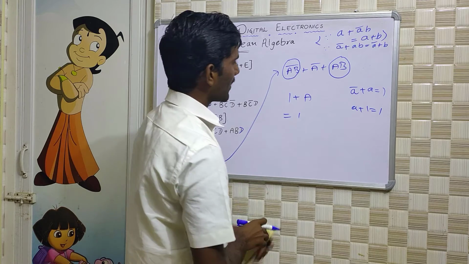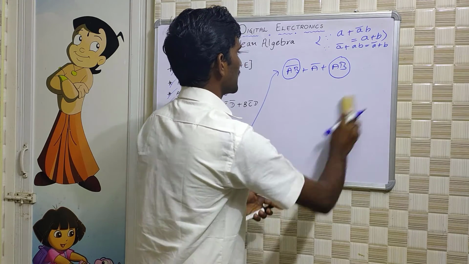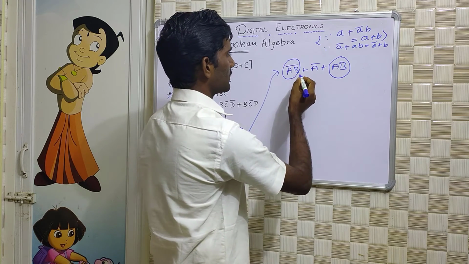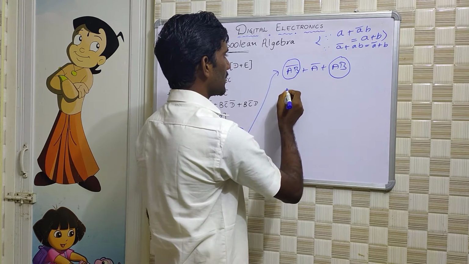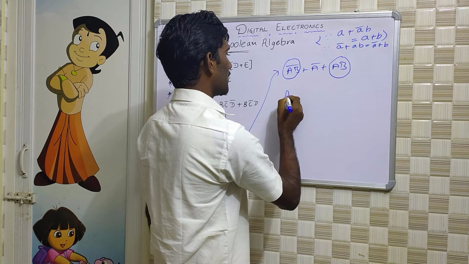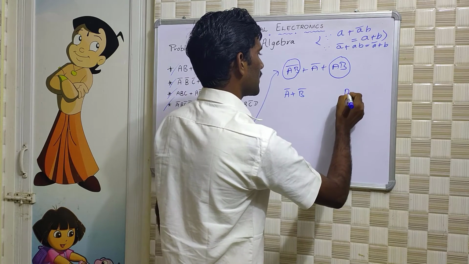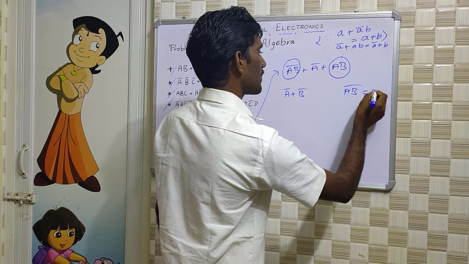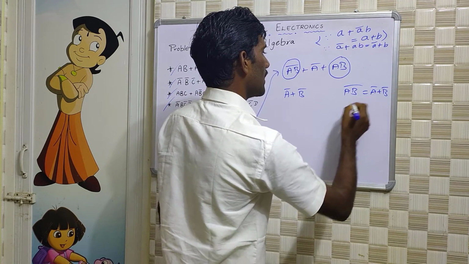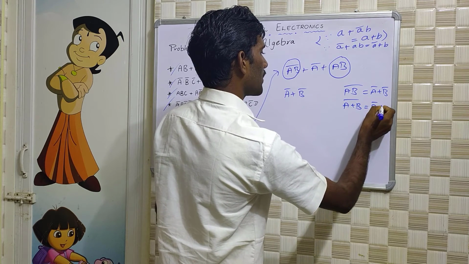Alternatively, we can also do it by splitting this using De Morgan's theorem. Then it will be A bar plus B bar. We know De Morgan's theorem: A B whole bar is equal to A bar plus B bar, or A plus B whole bar is equal to A bar into B bar.